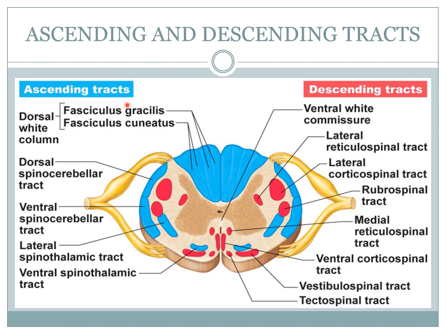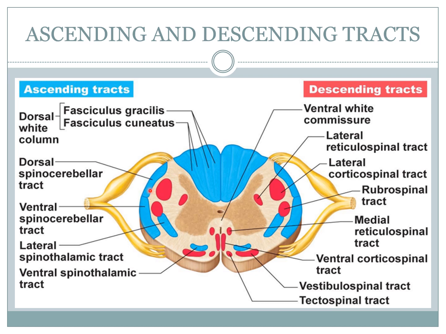On this side, I'm showing you ascending tracts, and on this side there are some descending tracts. The ascending tracts are fasciculus gracilis, fasciculus cuneatus, and dorsal and ventral spinocerebellar tracts. Spinocerebellar means they carry information from the spinal cord to the cerebellum.